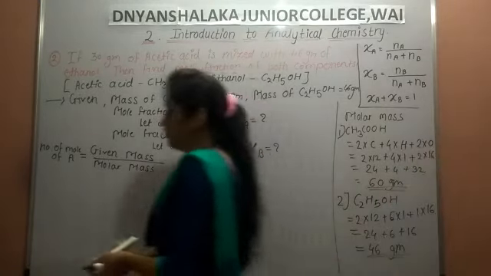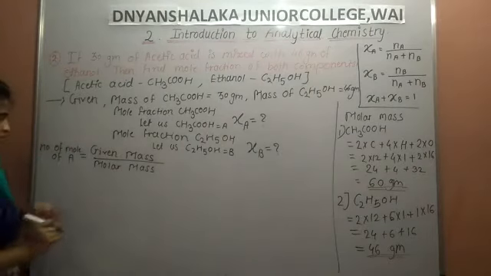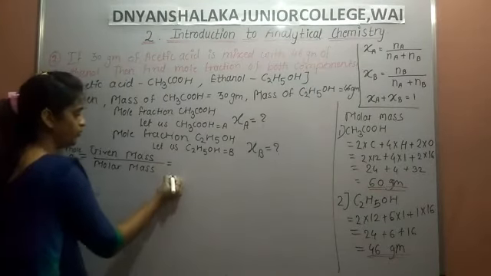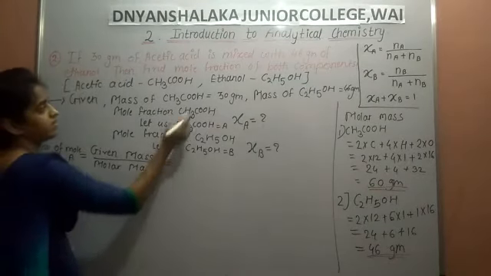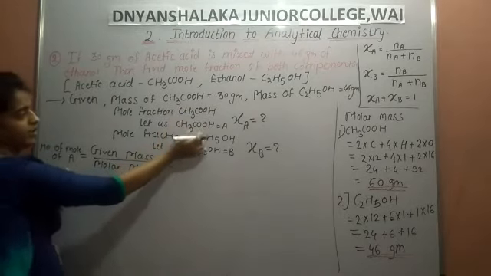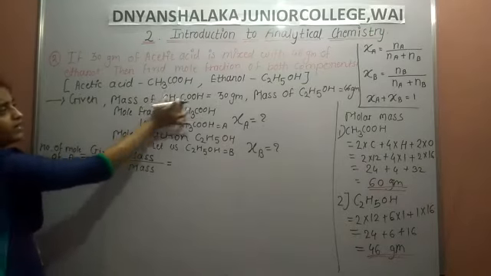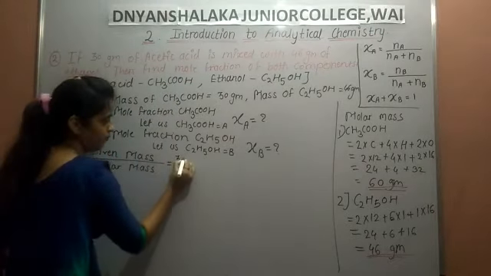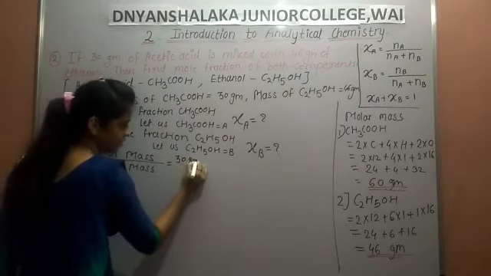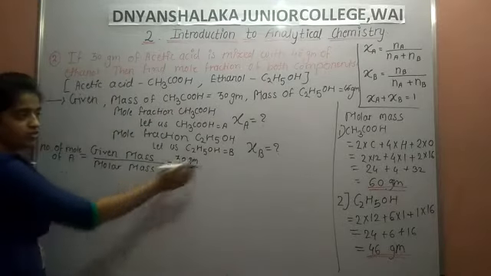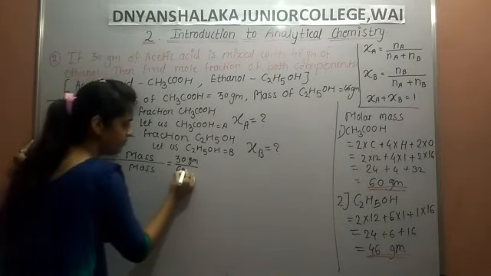Using these molar masses we calculate the number of moles. The number of moles of A component, acetic acid, is the given mass of 30 gram divided by the molar mass of acetic acid, 60 gram.